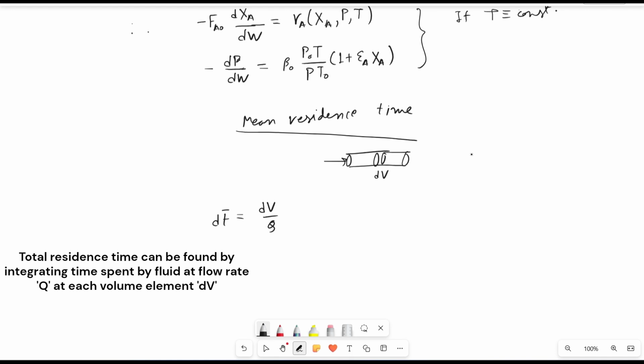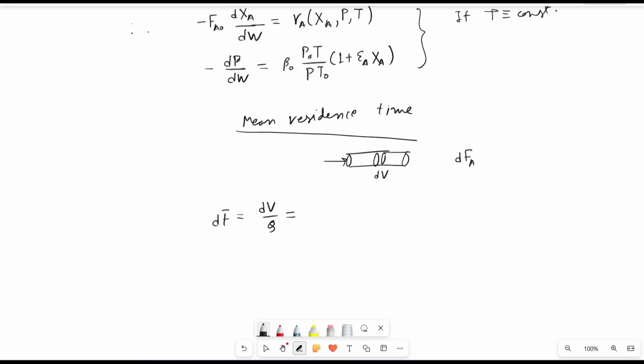If we write the main expression dFA by dV is equal to rA, from that we get dV is equal to dFA by rA. Now dFA is FA naught dxA divided by, writing the minus term in the bottom, minus rA into Q.